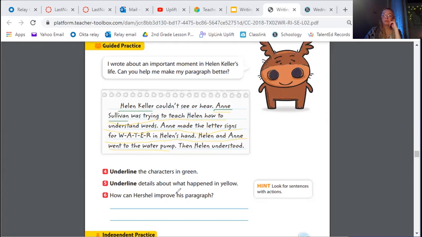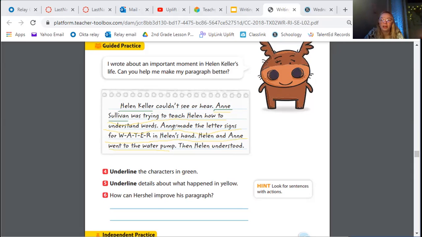How can Herschel improve his paragraph? What do you think? You might have said that Herschel can tell the events in order, because if you look closely, his events are a little out of order, right?